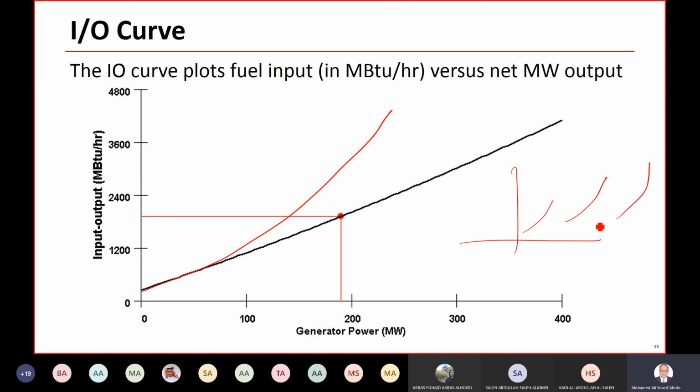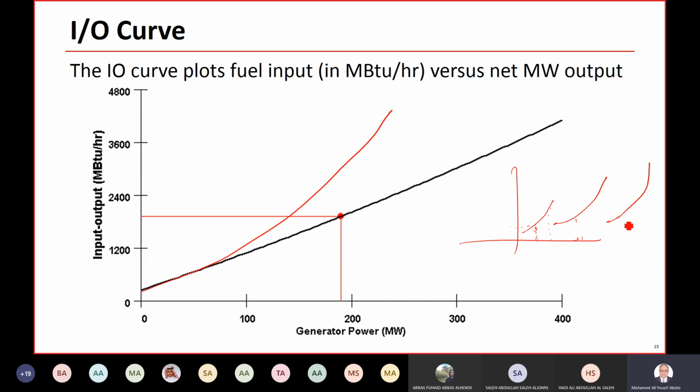So this curve could be discontinuous, because here you switch the type of fuel. Maybe for low load we will use a certain type of fuel. But when the load increases, we have to switch to another type of fuel. So we have another curve here.